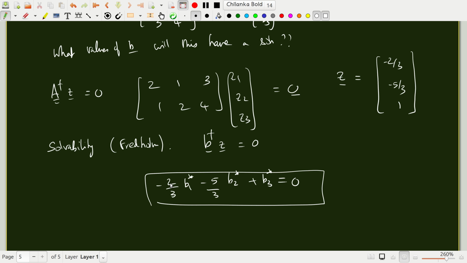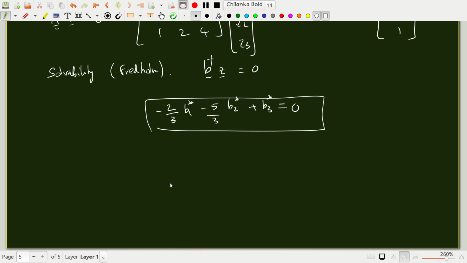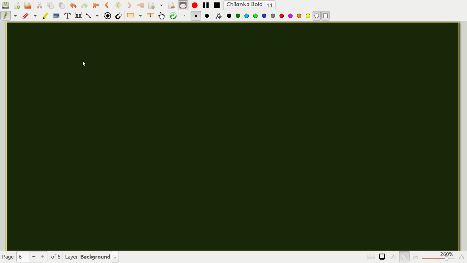Now there is one last topic with respect to solution of linear equations. I want to illustrate solution of Ax is equal to B via eigenvector expansion.